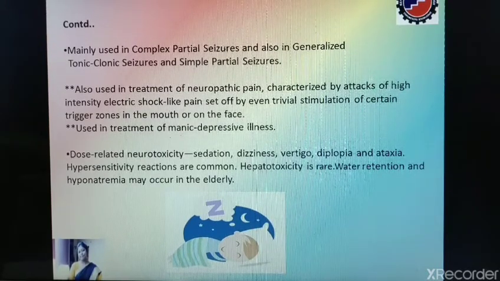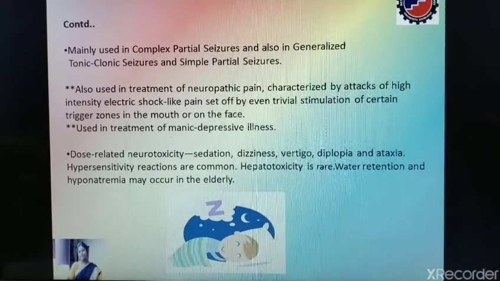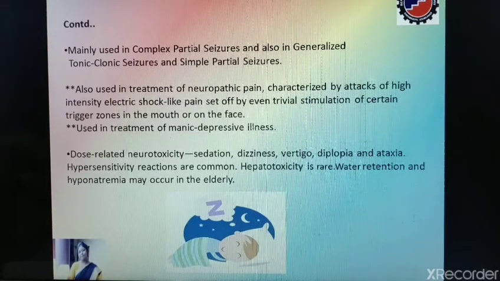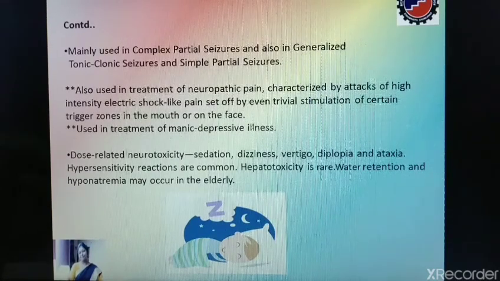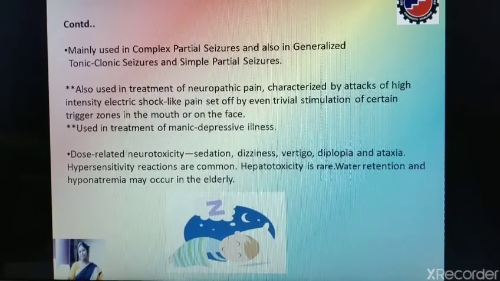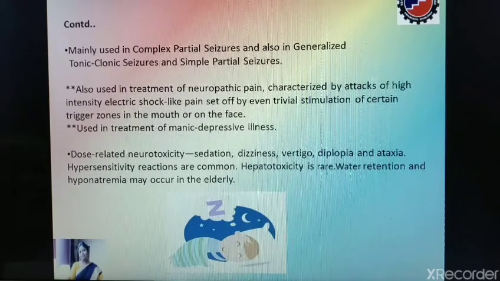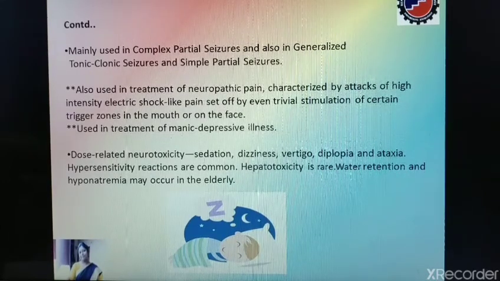Carbamazepine is contraindicated with oral contraceptives, lamotrigine, valproate and topiramate because it is an enzyme inducer. The metabolism of carbamazepine is induced by drugs like phenobarbital and phenytoin, and vice versa, phenobarbital and phenytoin will also induce the metabolism of carbamazepine.